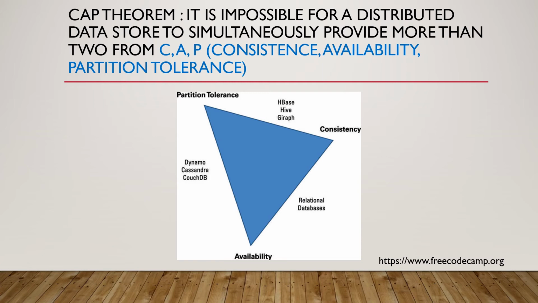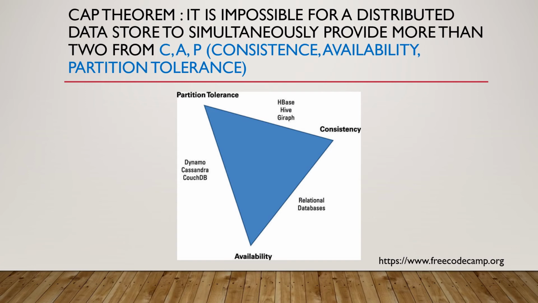partly because there is what is called the CAP theorem. What it says is that it is impossible to simultaneously optimize more than two in CAP, that is consistency, availability, and partition tolerance. Okay, so the slides that I'm bringing to you are from freecodecamp.org, and this picture is also from there.